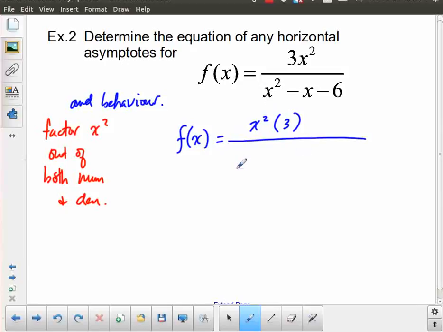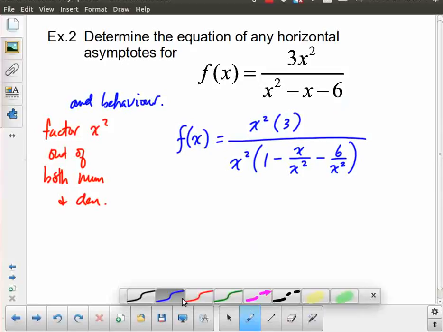In the denominator, I'm going to take out an x squared, leaving behind a 1 minus x over x squared minus 6 over x squared. The reason this works is if I multiplied it back out again, I would end up right back where I started. Notice I'm not factoring in the sense of trying to factor this into binomial terms. I'm factoring out the highest order term.